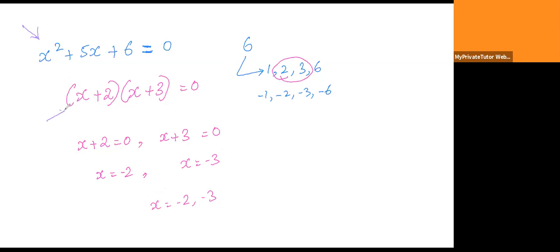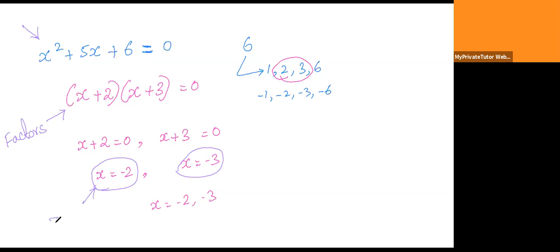Can you please tell me what x plus 2 and x plus 3 are here? What is the name of these? These are called the factors. x plus 2 and x plus 3 are the factors. And what do you mean by x equals minus 2 and x equals minus 3?